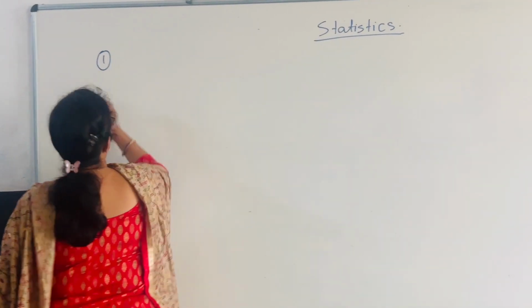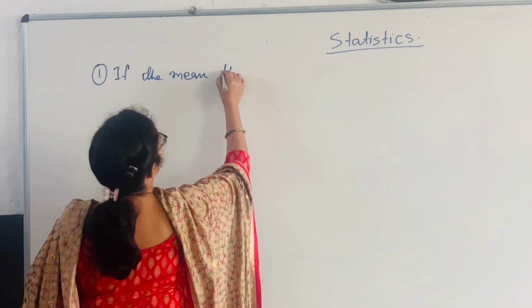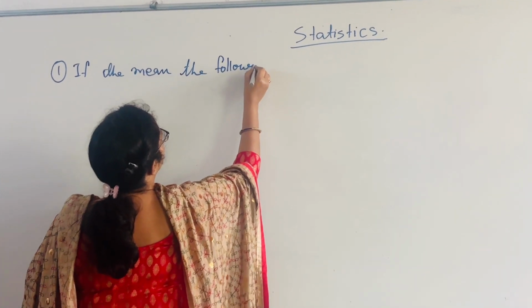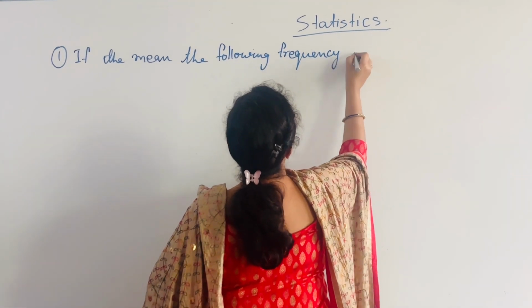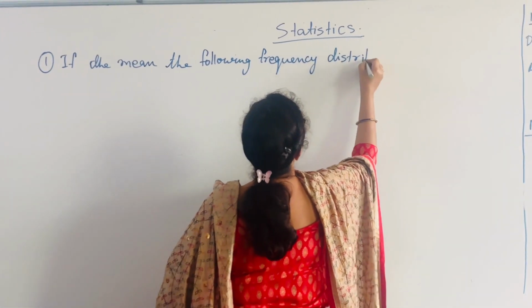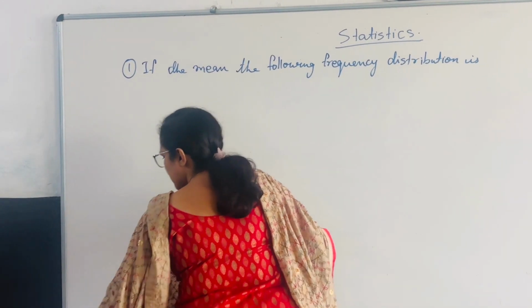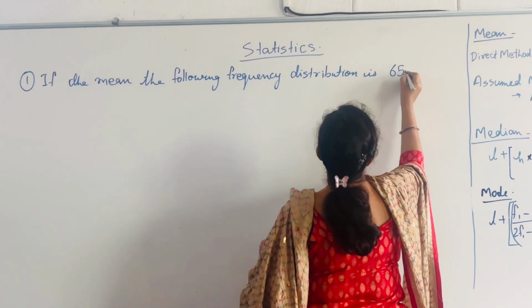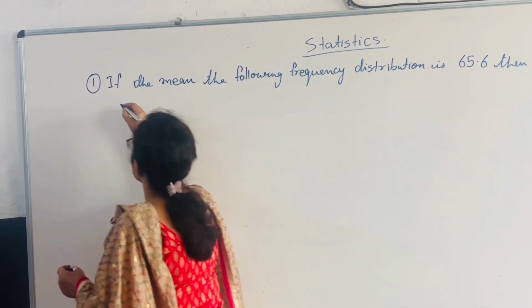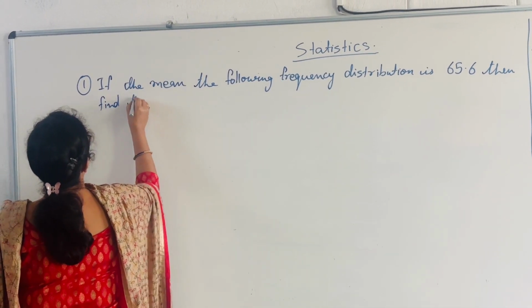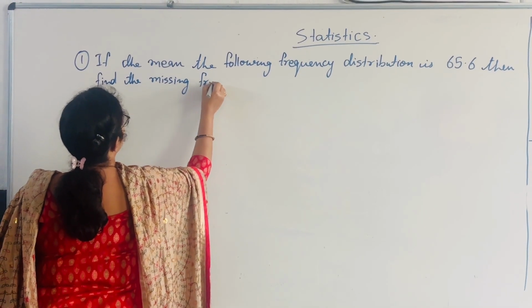The first kind of question: the mean of the following frequency distribution is 65.6, then find the missing frequencies.